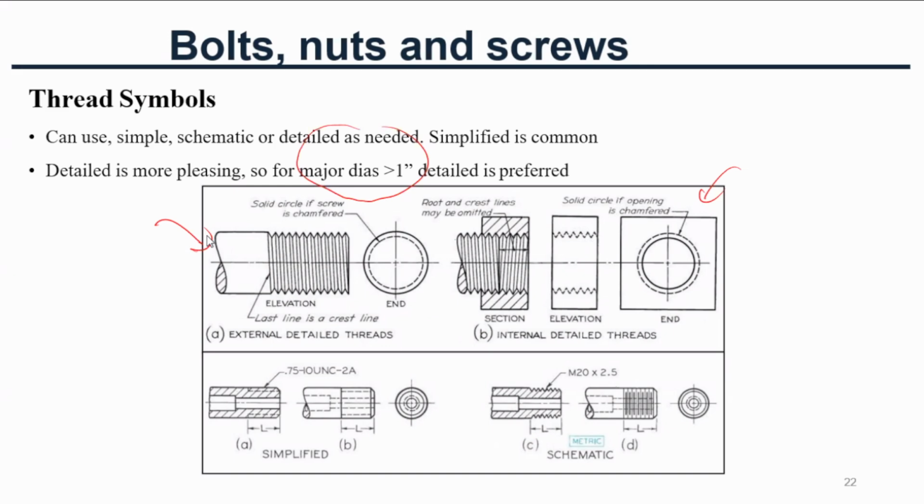External and internal detail threads are shown in figures A and B here. These are the most common methods used in engineering drawings. You have seen this type of drawing.